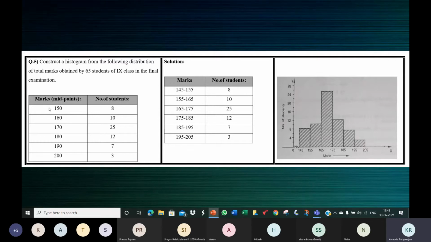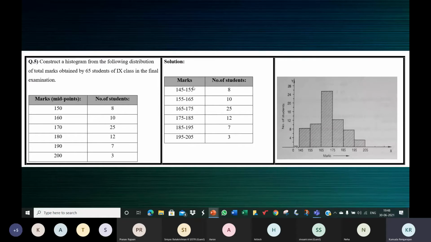To get the first class interval, take the first class mark, subtract 5. So 150 minus 5, 145 is the lower class limit. And to 150, if you add 5, you will get the upper class limit of the first class interval. So proceed like that. Once you get all the class intervals, you have the frequencies.